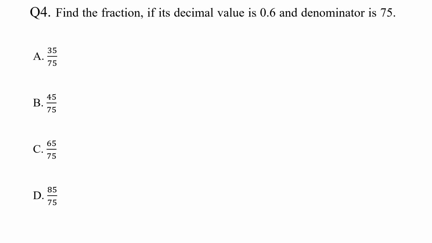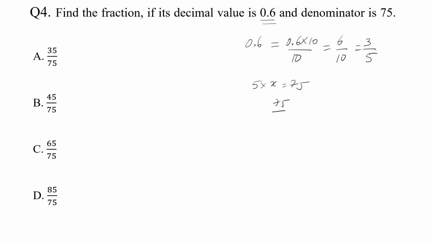Now, if the decimal value is 0.6 and the numerator is 75, what will we do? For example, 0.6, how can I convert it into rational form or a fraction? 0.6 multiplied and divided by 10 is 6 by 10, that is 3 by 5. Now how much is 75? 5 into 15 is 75. So I multiply numerator and denominator by 15: 15 times 3 is 45, and 15 times 5 is 75.